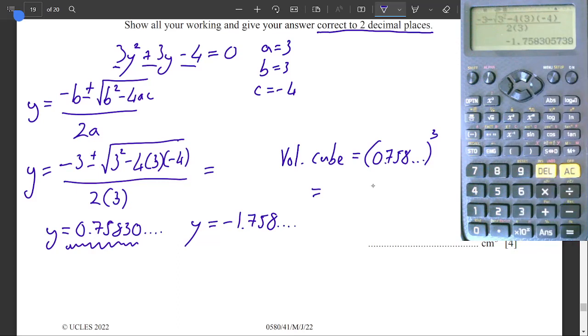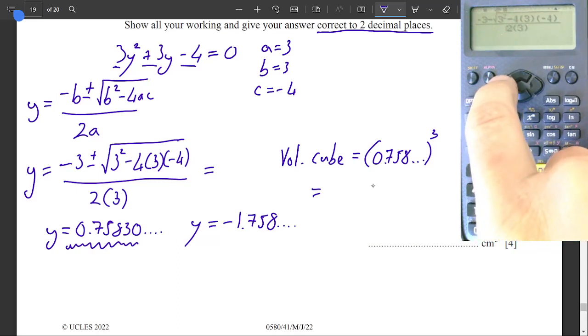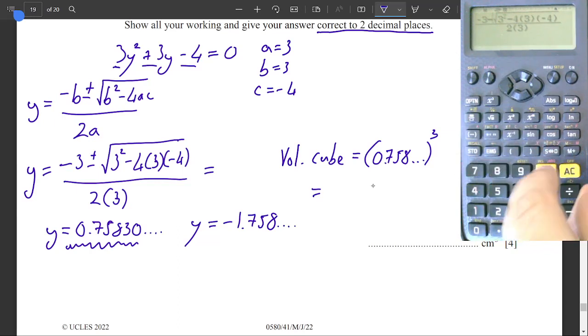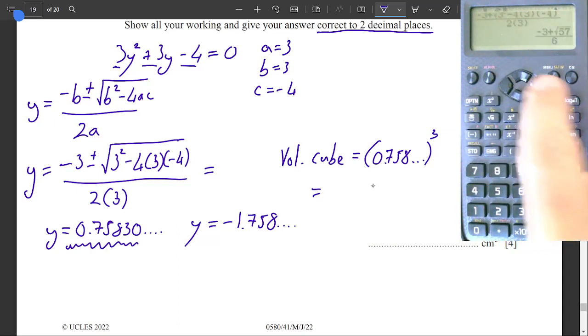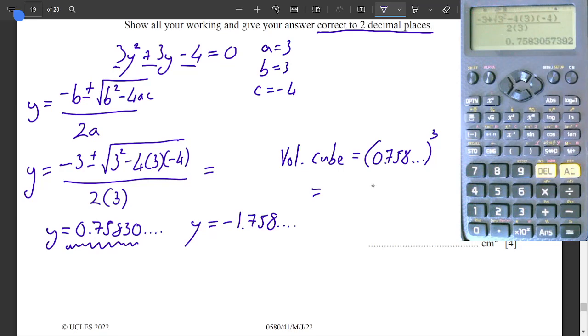On my calculator, I'm going to get the previous answer on there just by changing that minus back to a plus. See, there it is. I just want to cube that, so all I need to do is cube it. And then we go.